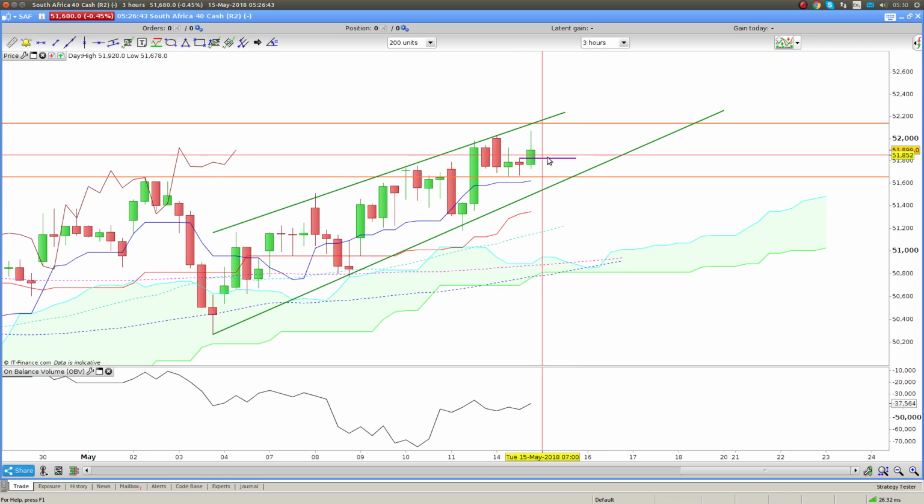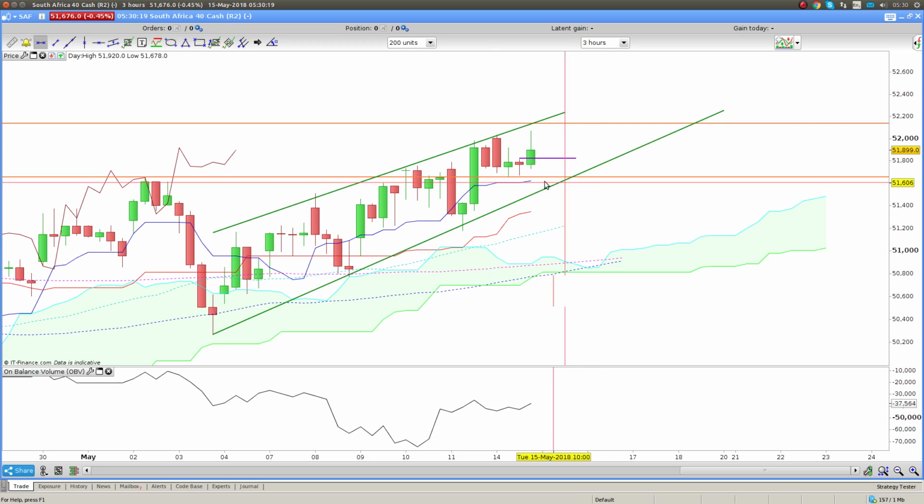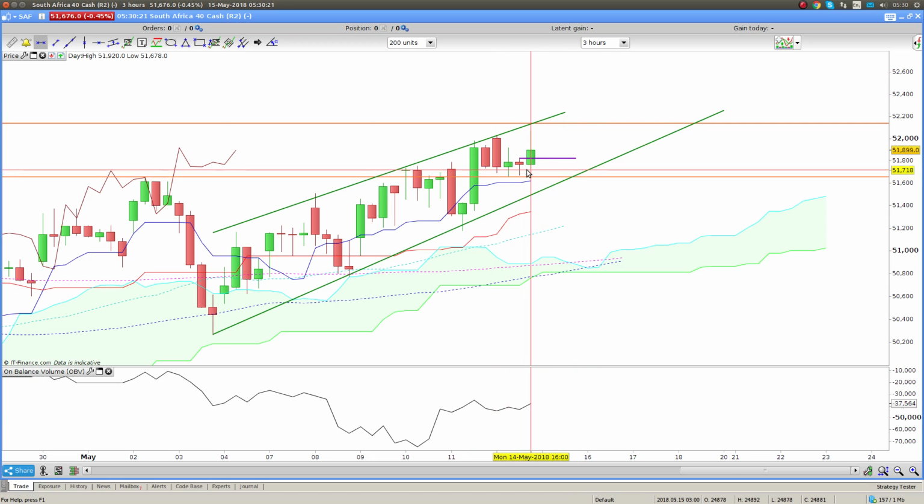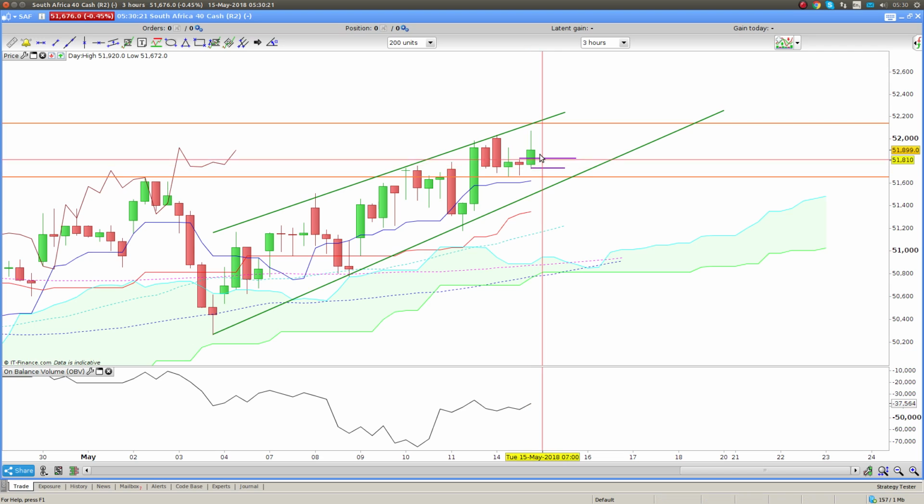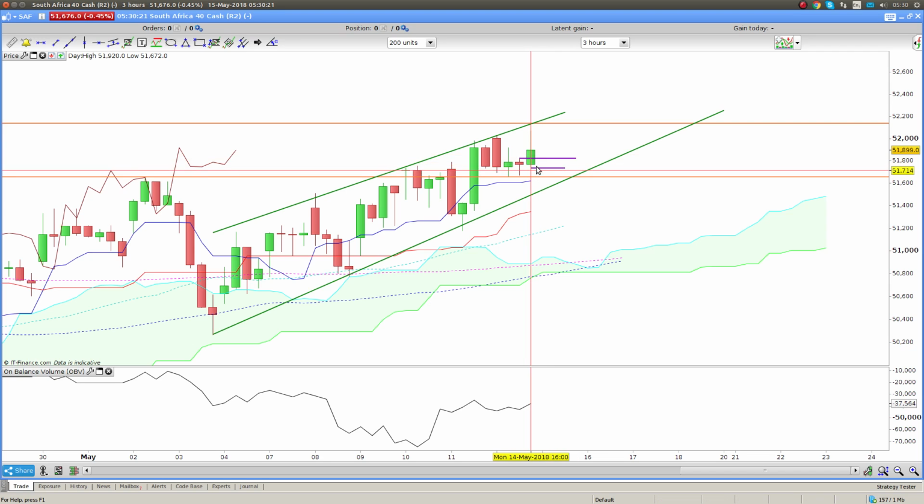So that could act as resistance. And then the other area that could act as resistance, obviously this level here, but then the bottom of the last 3 hour candle from yesterday. So those are the two areas that we could find resistance.